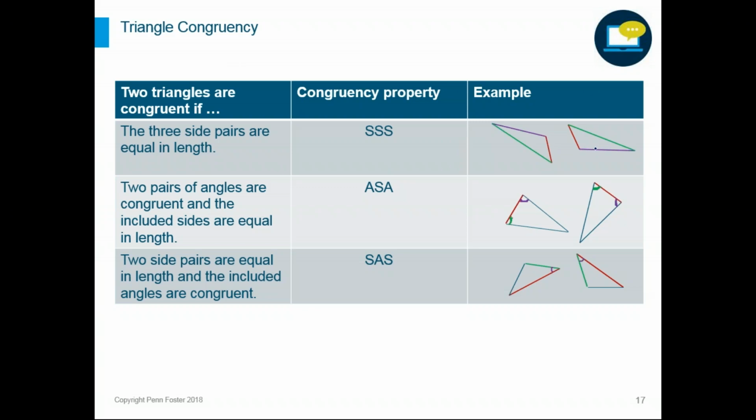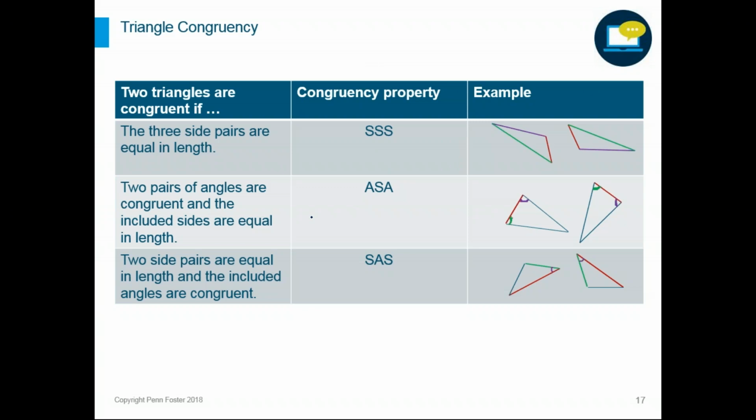So the purple sides, these are corresponding sides in the two triangles. If this is 5 and 5, 3 and 3, 4 and 4, then I can conclude that these two triangles are congruent. And we call it SSS, side, side, side.